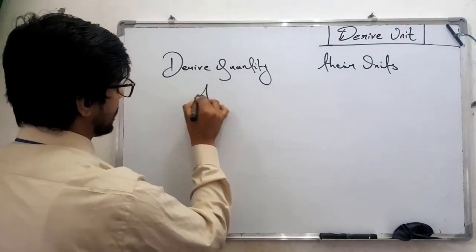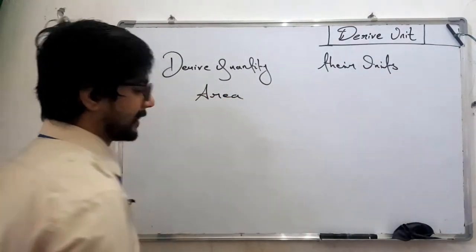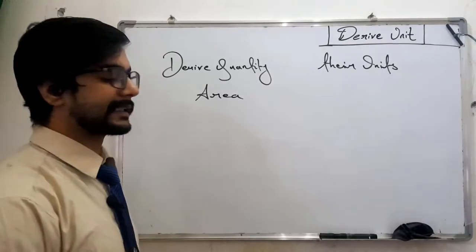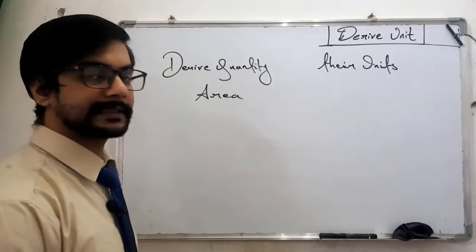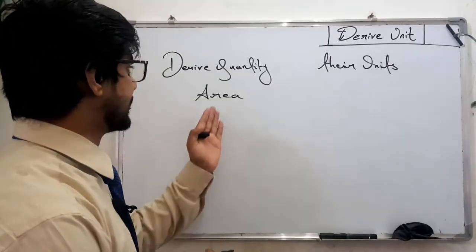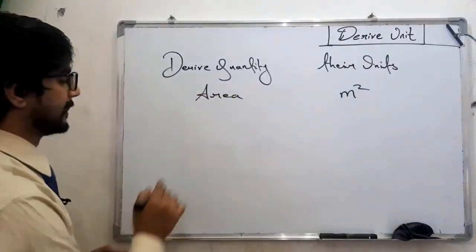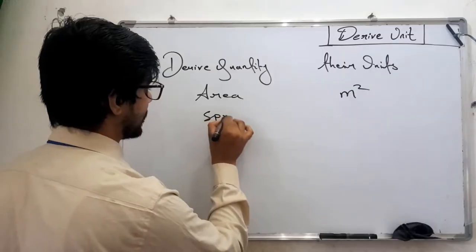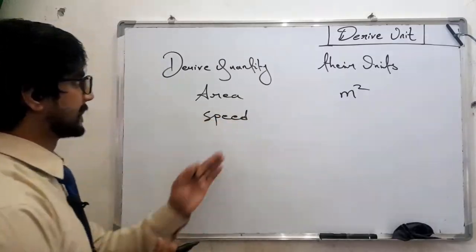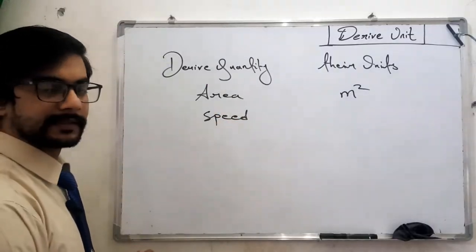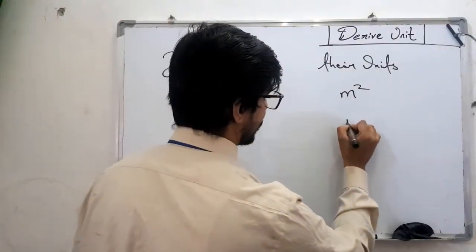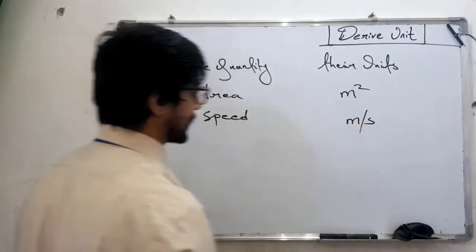Firstly, see area. You have done lots of exercises regarding this property. We simply write its unit as meter square, and in the same way speed is also an example of a derived quantity. You write its unit as meter per second.